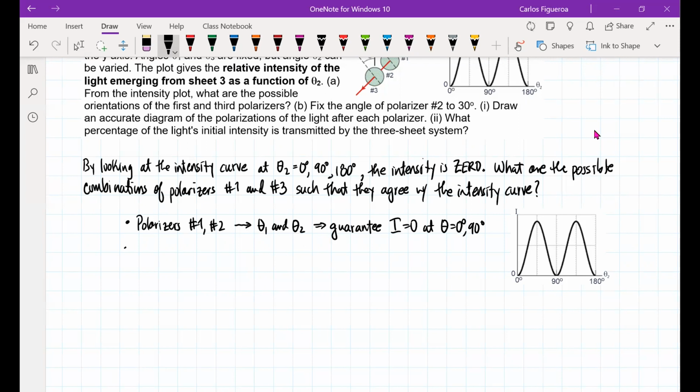Then, when I look at polarizers 2 and 3, we have to worry about the angle between 2 and 3. This has to guarantee that the intensity is equal to 0 at only 180 degrees. So we need to look at those two situations.